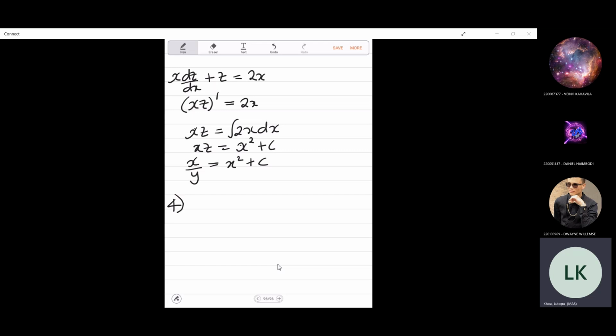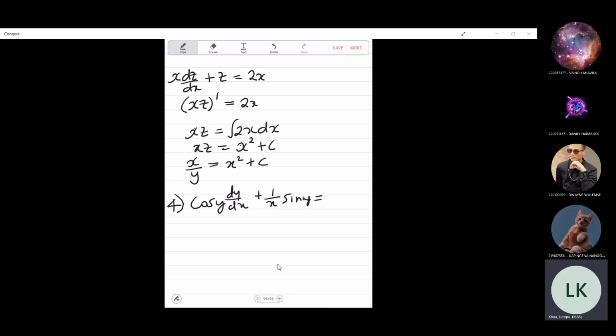Number 4, we have cos y dy/dx plus 1 over x sine y is equal to 2. Okay, then again here we have sine y. The derivative of sine y is cos y. So we can just say z is equal to sine y, and therefore dz/dx is cos y times dy/dx.